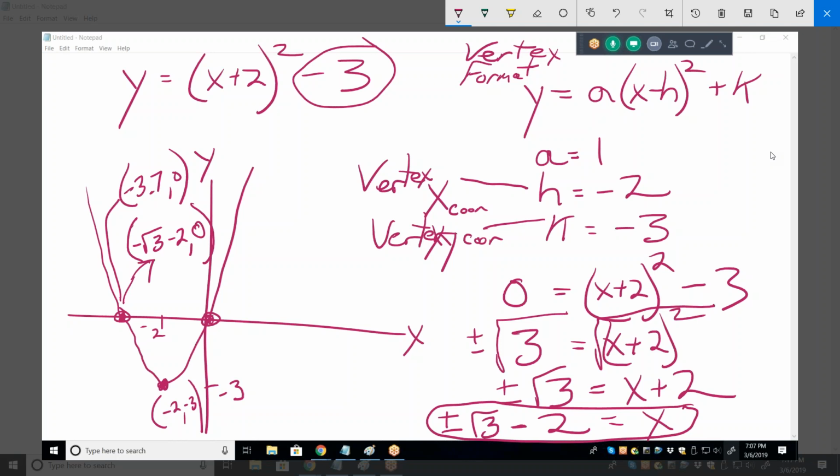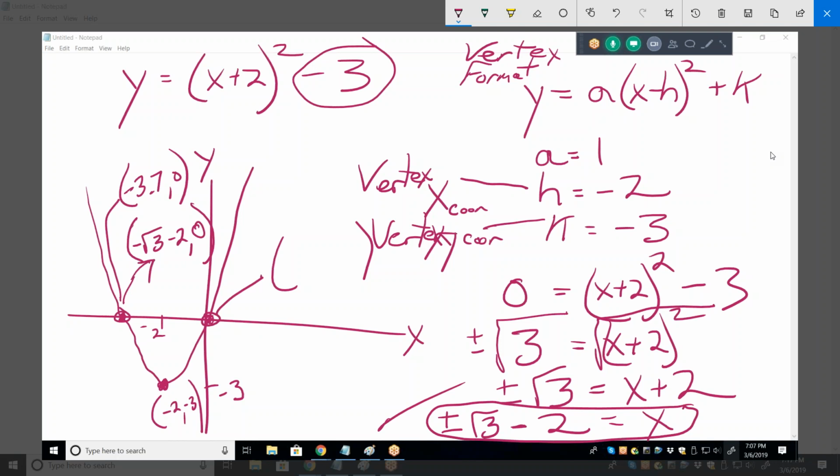Now, that's the left x-intercept. We did get two answers. So what's this answer over here, the right one? In other words, here are our x-intercepts: plus or minus root 3 minus 2.